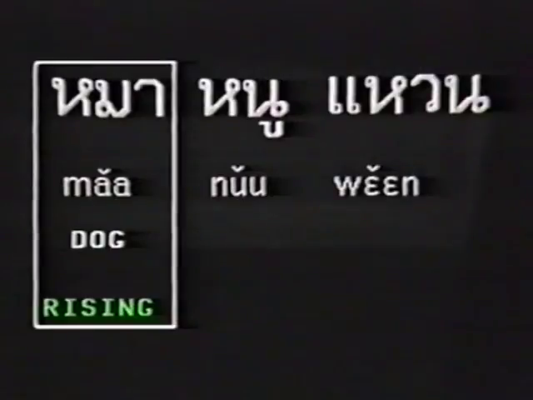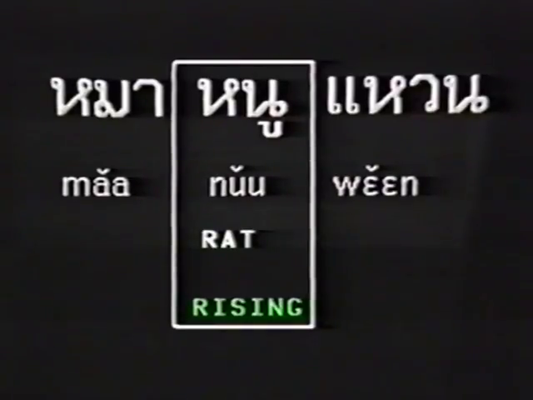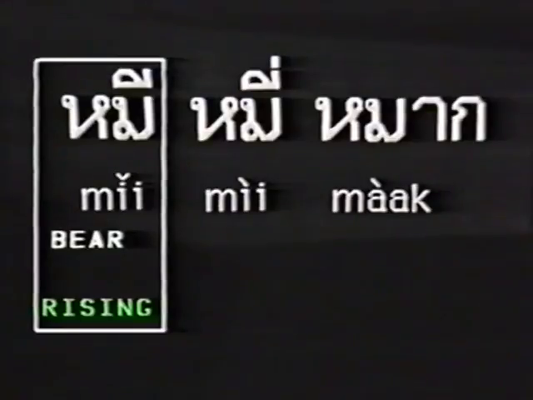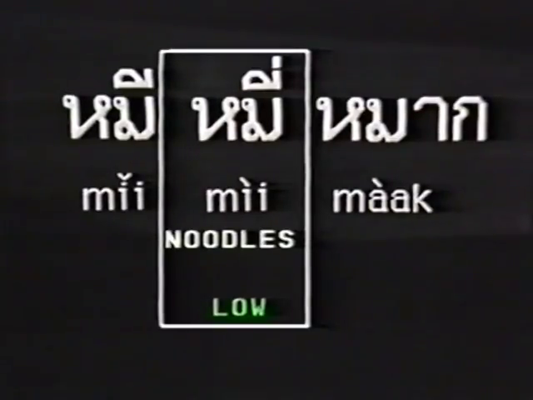Then the normal class 2 rules are followed, and this results in rising tone and low tone items like these.